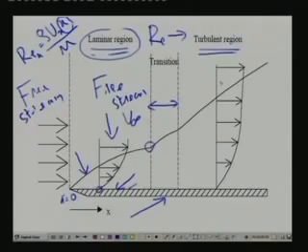What happens in a turbulent region? In a turbulent region, you have molecular motion, and superimposed on that molecular motion is a bulk mixing of fluid particles because of eddies. That means in turbulent flow, eddies form, and these eddies lead to mixing on a bulk scale, that means on a macroscopic scale. So you have mixing due to molecular motion as well as mixing due to eddies.